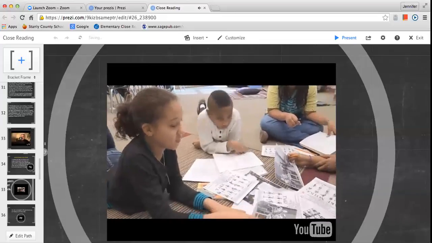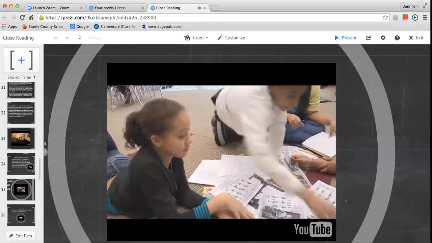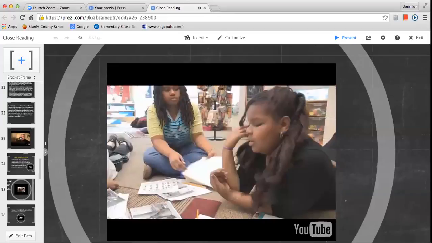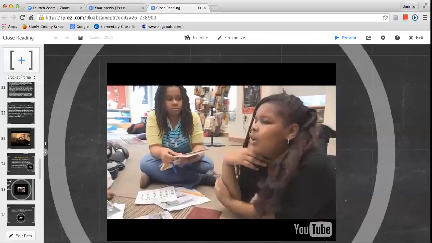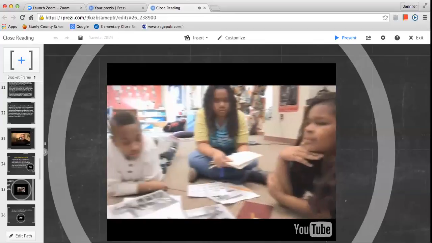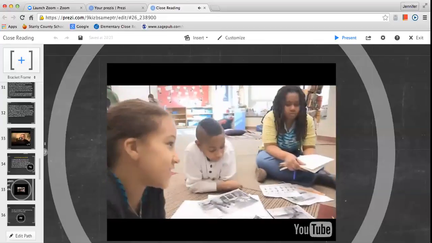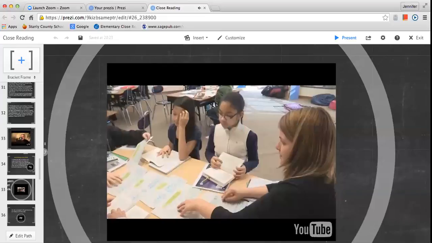In this small group right now, I really want them next to become a little bit more independent. I want to pull back as a facilitator, and I want them to start to facilitate a little bit more.